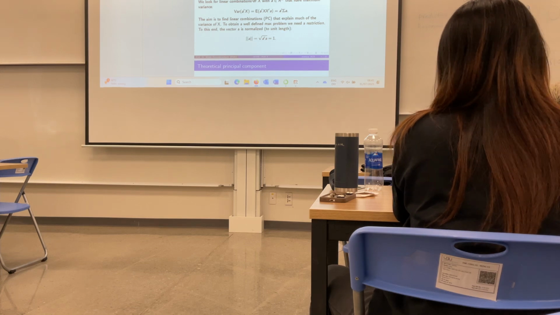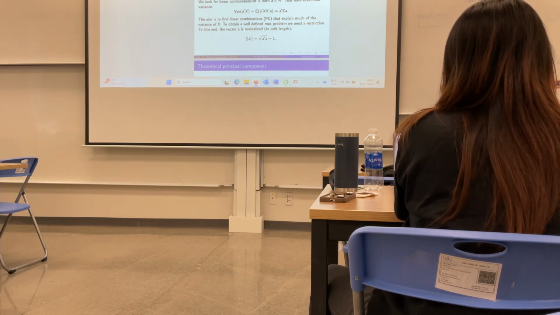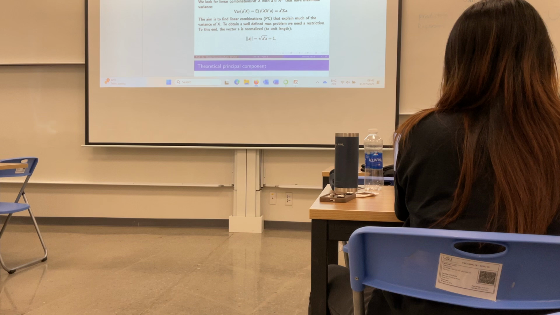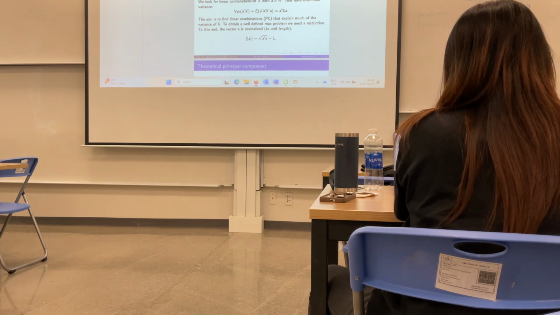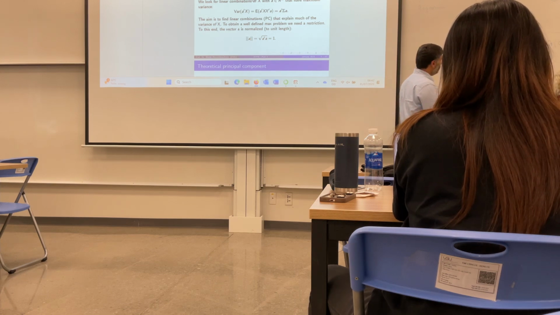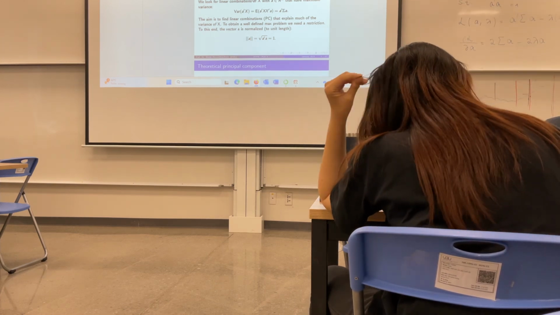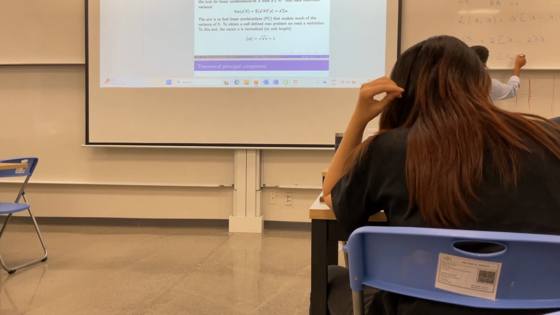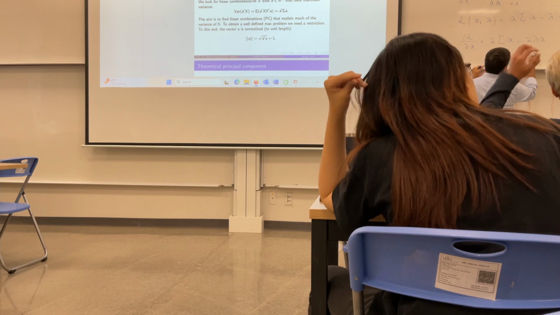It's just a bar, nothing in the middle. So then here we have minus 2 lambda a. And then we set this equal to 0, of course. Let's say the value that solves this is A1, so sigma A1 equals lambda A1.